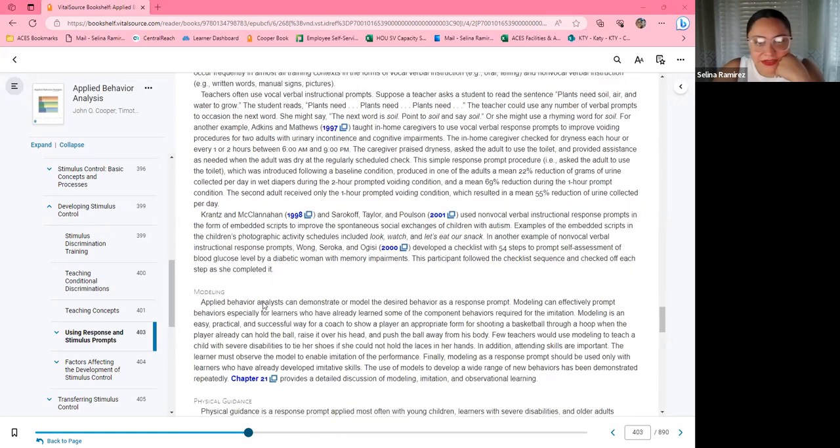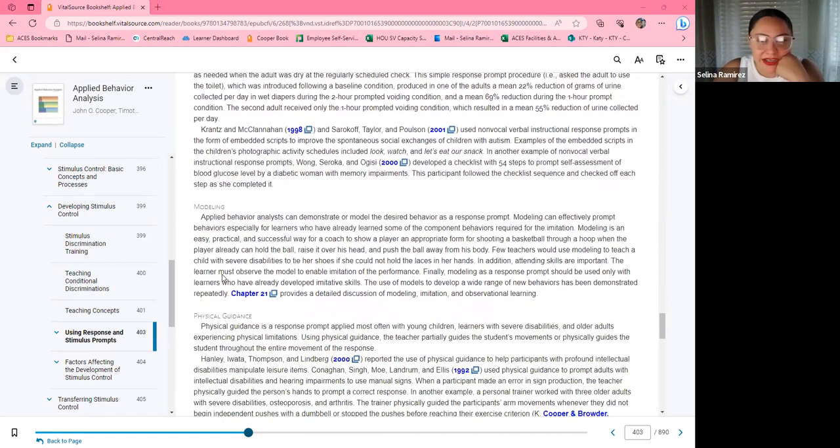Okay, activity schedules, modeling. So modeling is us demonstrating or modeling the desired behavior as a response prompt. We can just stick to washing hands since we're already on it. You can be at the sink next to them and show them what the next step is, because remember, I have to zip through different ways to get them there because I'm doing a TA. So you might gesture, but we're not there right now.